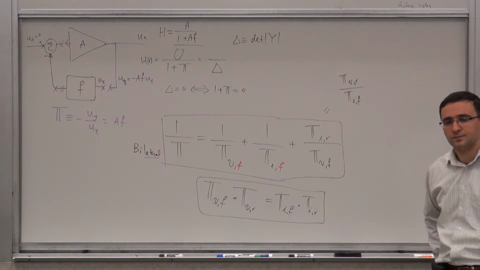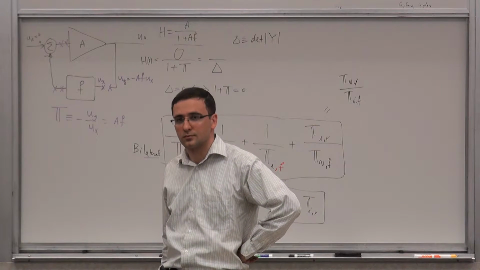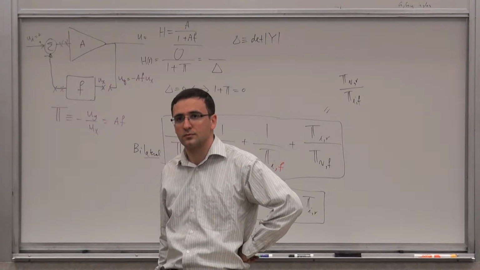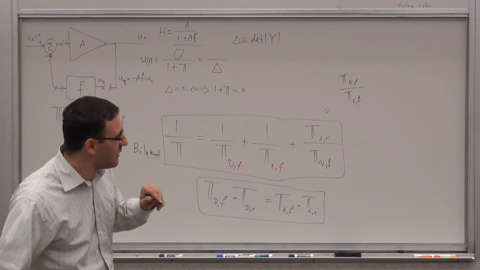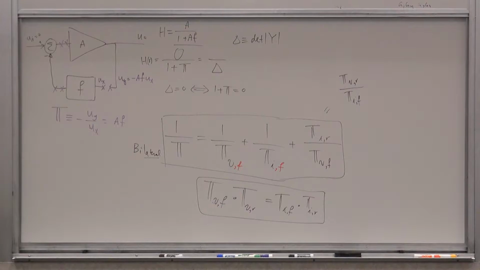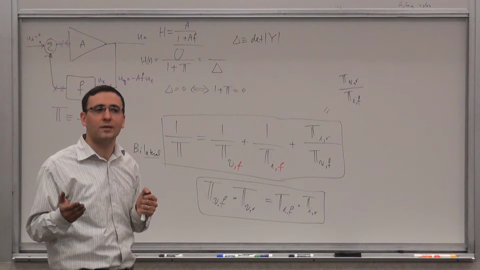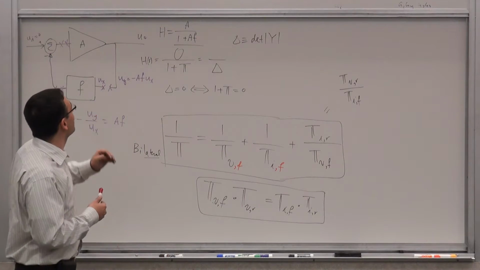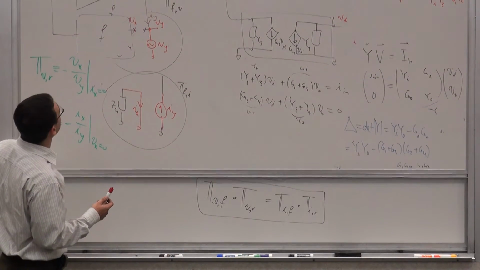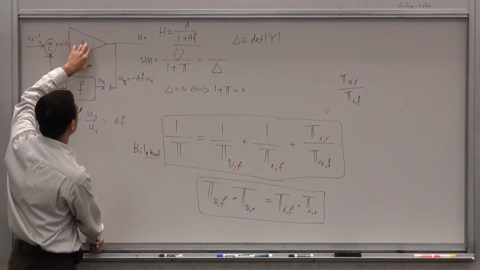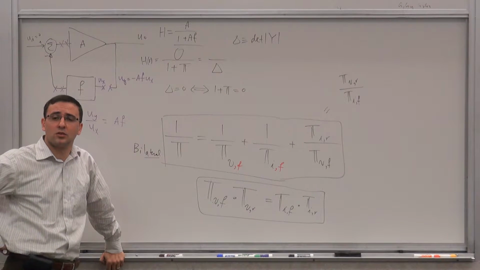But here, when you have a bilateral network, feed-forward and feedback, how do you know that there is a 1 plus T term in the denominator that you're trying to find? So basically what I'm trying to say is that I can define a T in such a way that I can still get 1 plus T. What is the physical meaning for this T? No, the physical meaning of this T is that this is a T that you can map to a mathematical model of this. How do you draw that model?